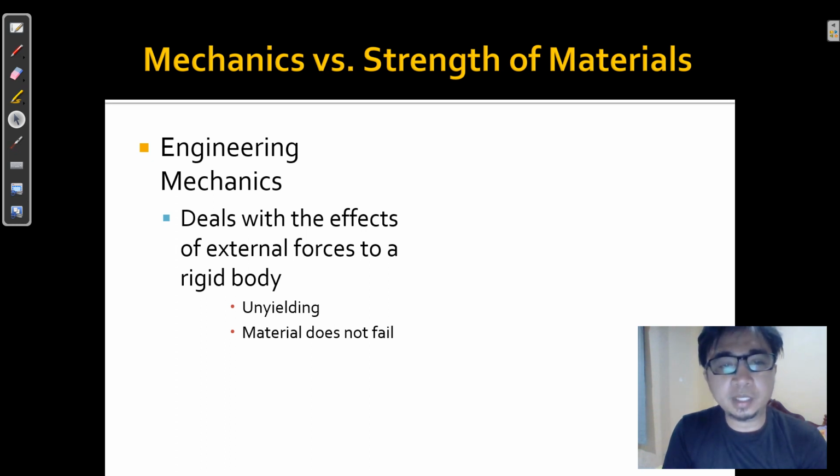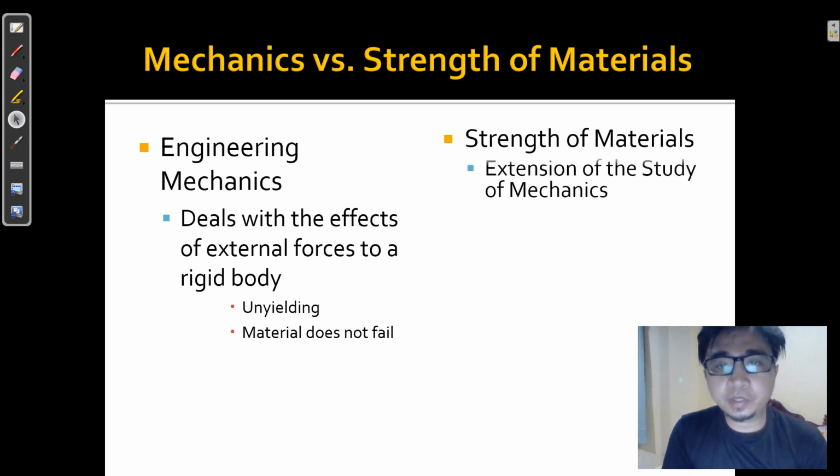When we say yielding, it is reaching its ultimate strength wherein the material starts to deform, whether elongation or shortening, bending, or twisting. We will elaborate on that by and by.